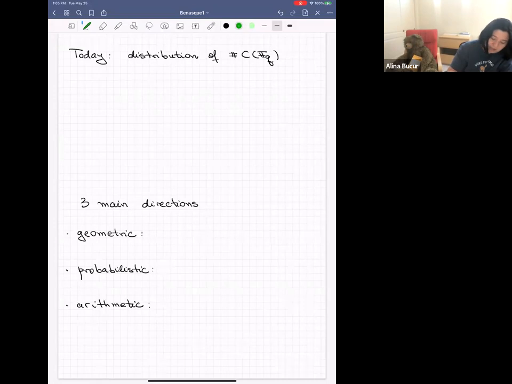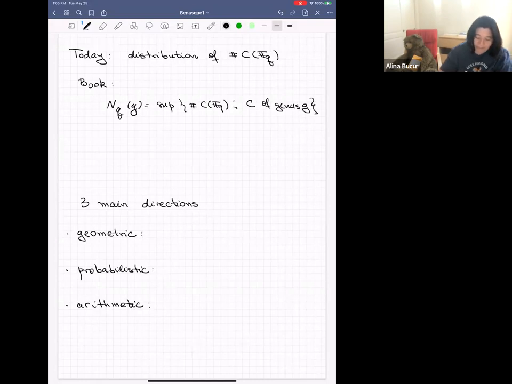But I should say that in the book, the main question of interest is looking at N_q(g), which is the supremum of this number, where you vary C over curves of genus g defined over F_q. So if I have some distribution function of the number of points, the book is concerned with what happens over here, while today I'm going to focus on the distribution itself.